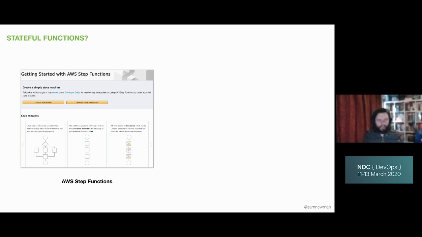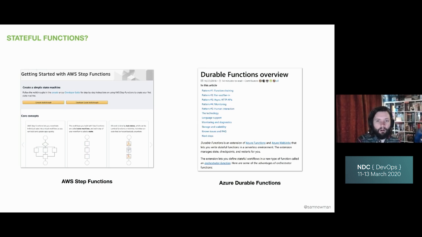This looks a lot like a workflow management tool or BPM. I'm actually a bigger fan of Azure durable functions, which I think is a much smarter, developer-friendly approach, whereas with step functions you often end up wading through huge amounts of JSON to coordinate multiple functions working together. With durable functions, it hooks into reactive extensions.